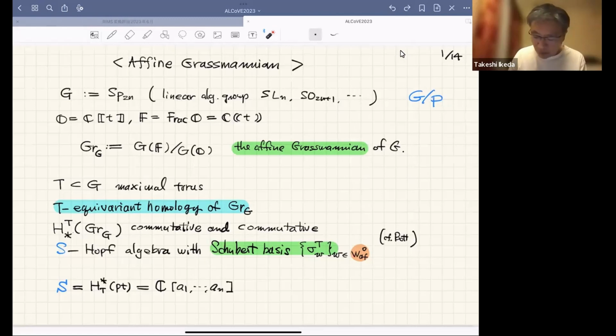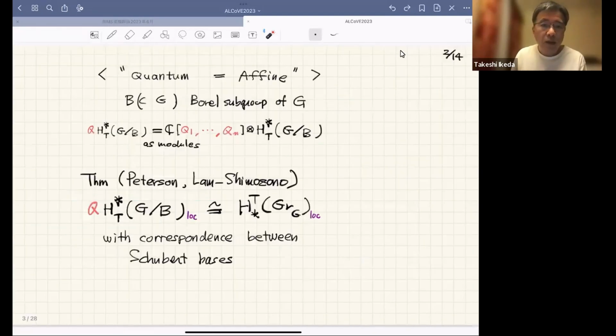On this slide I just show you why we are interested in this kind of ring. It is related to quantum cohomology, in the sense that we can consider a deformation of the equivariant cohomology of the flag variety.